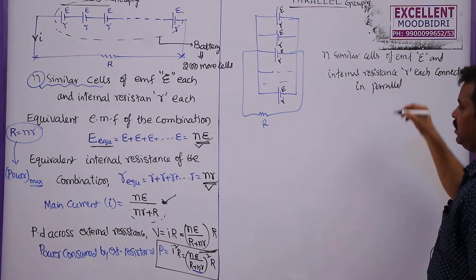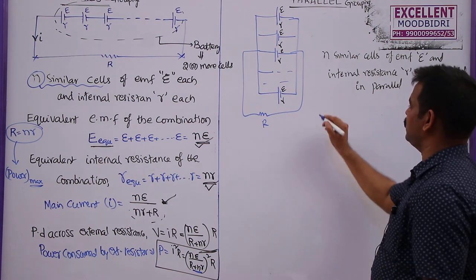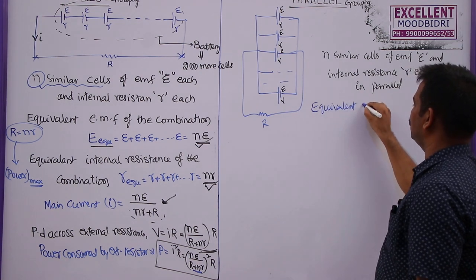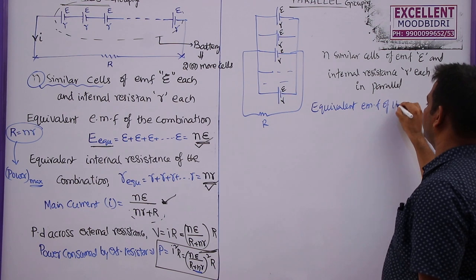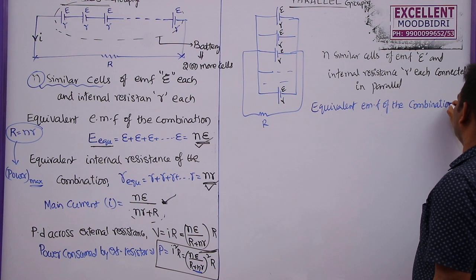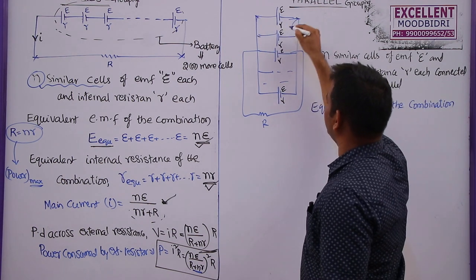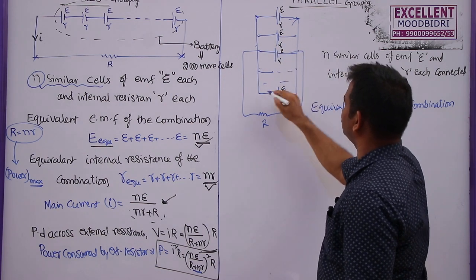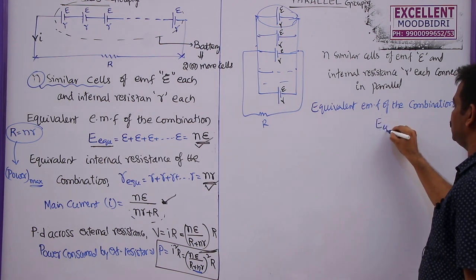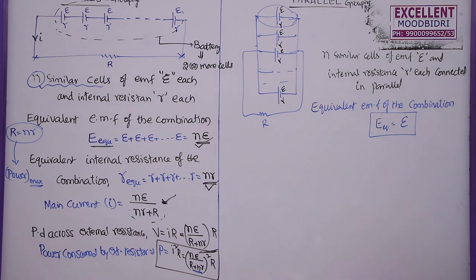So how do we find the equivalent EMF of the combination? As we know, in a parallel combination the potential difference remains the same across each branch, so the EMF also remains the same. So E equivalent is just E. This is the equivalent EMF.